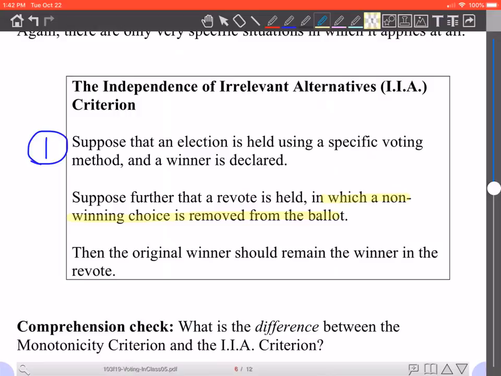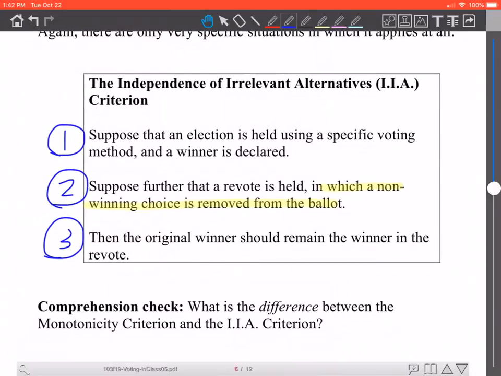So in the revote, it's a non-winning choice that's removed from the ballot. That's the second thing that happens. Then we expect that since a non-winner, an irrelevant alternative, dropped out, the original winner should remain the winner in the revote. I mean, it makes sense, right? Why would somebody else win if you have a winner and a non-winning candidate drops out? The original person should still win.